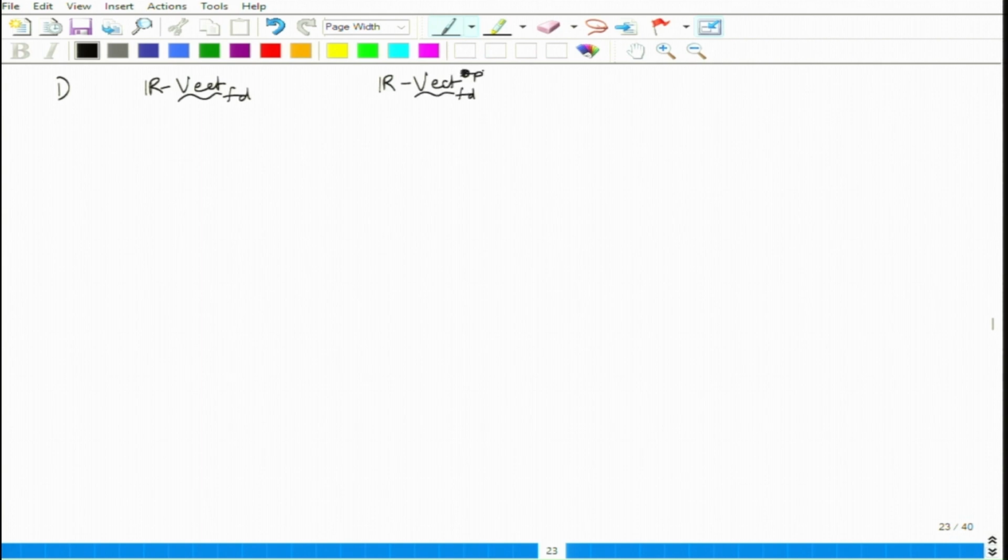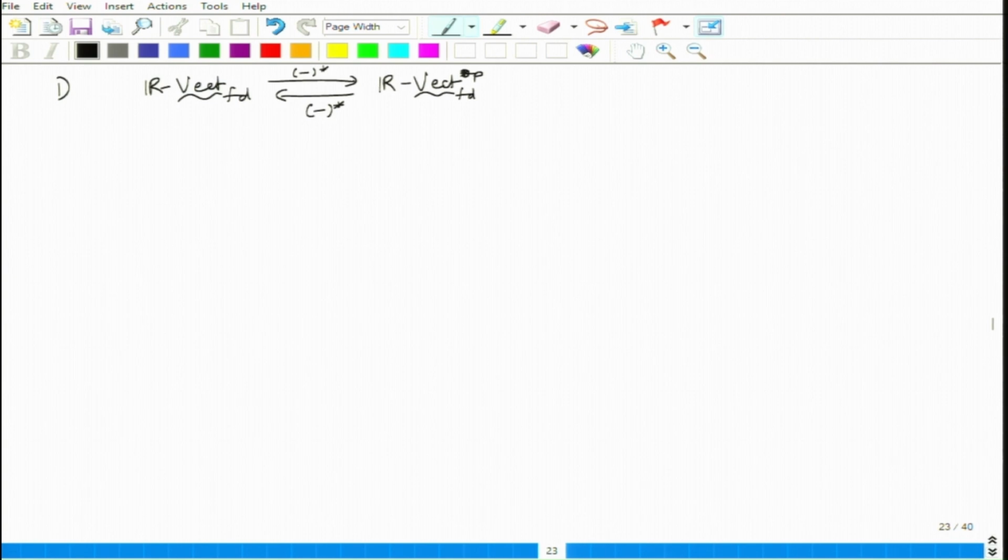You can start with any field, and I am taking its opposite category. Is there a functor from the first one to the other one? Which one? Star, dual. And from this one to this one also there is the dual.